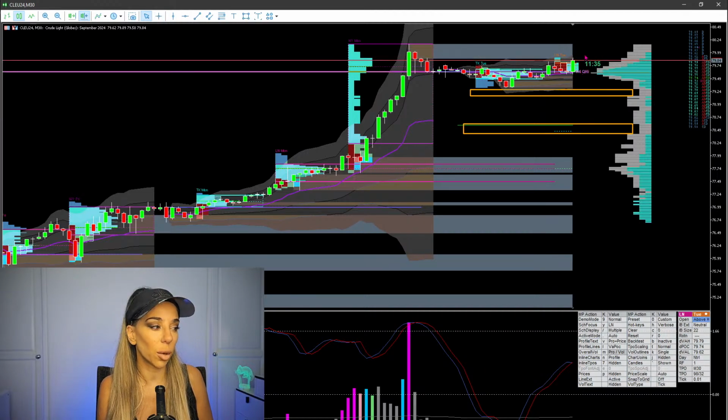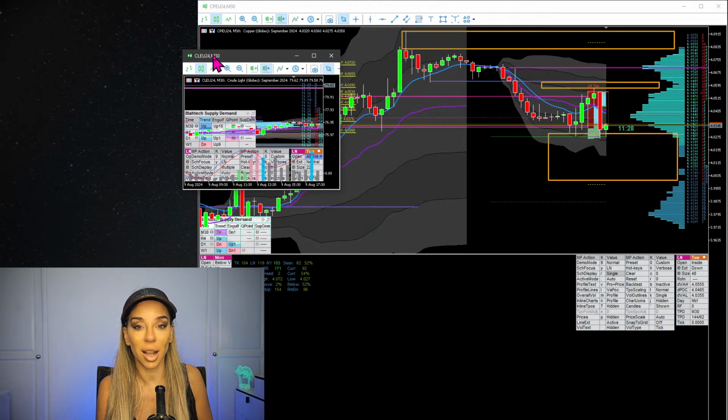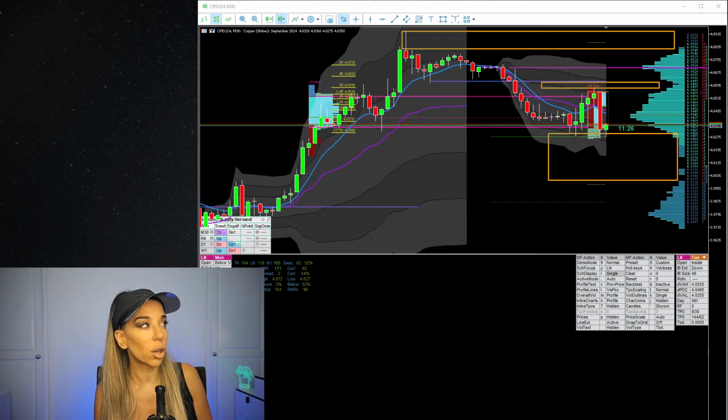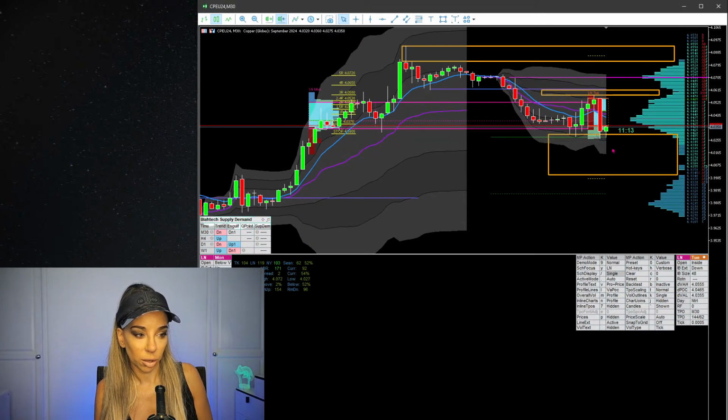So I might wait and go back to copper, because copper tends to move really well during this time. But I just wanted to point this out for anyone trading crude oil. We might have some life coming back into my favorite product. But I've been waiting for better conditions for crude oil to step in.